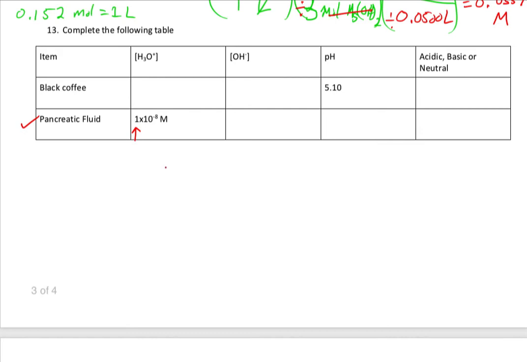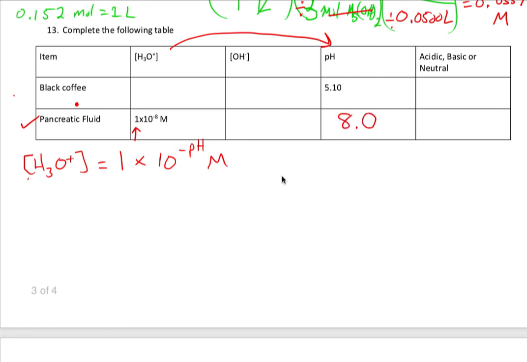So first off, let's recognize the fact that pH is related directly to the hydronium ion concentration. When that value is 1, the formula that you see in the textbook looks like this. If the hydronium concentration has that 1 in front, then whatever the exponent is actually the pH of this solution.